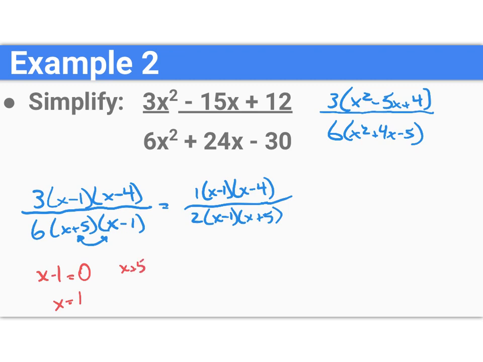We set x plus 5 equal to 0, so x equals negative 5. Now these are the two places where the function does not exist. Now that we found that, let us cancel out the x minus 1, a like term, and we get x minus 4 over 2 times x plus 5.